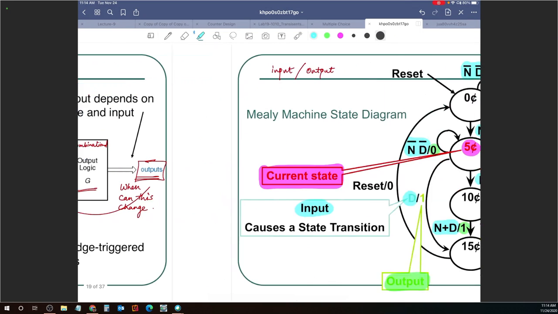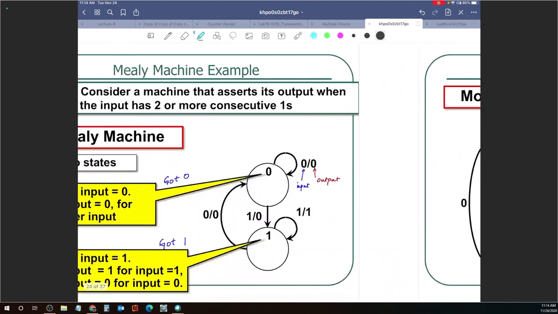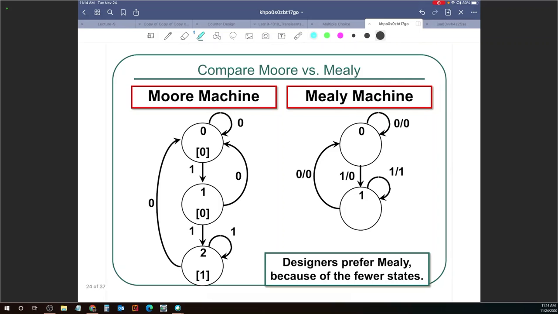All right, let's move on. So now if you look at the two or more consecutive ones detector for Moore and Mealy, and you compare them, Moore required 2 flip-flops, Mealy required 1 flip-flop, and a more effective design, fewer states, fewer flip-flops.